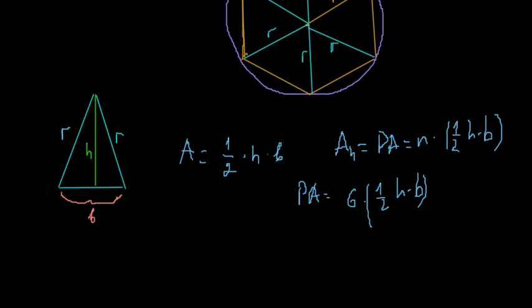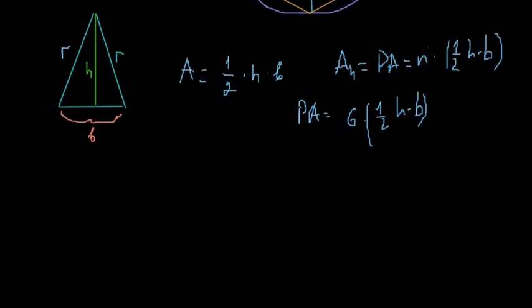And then what we can see is that if we put this n inside here, the polygon area is equal to 1/2 times h times n times this small b.